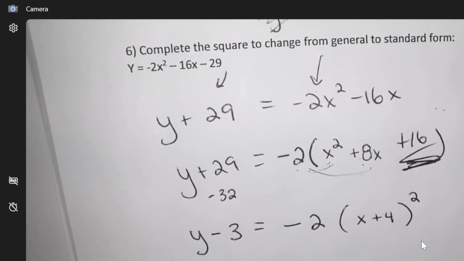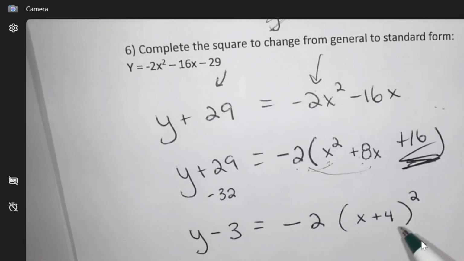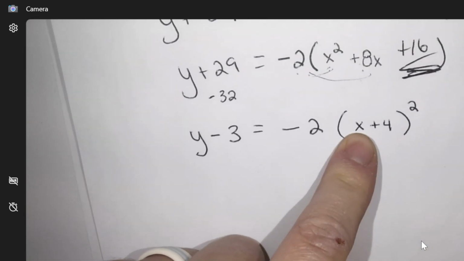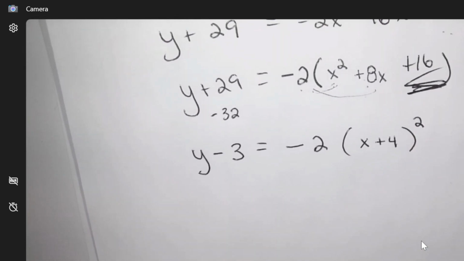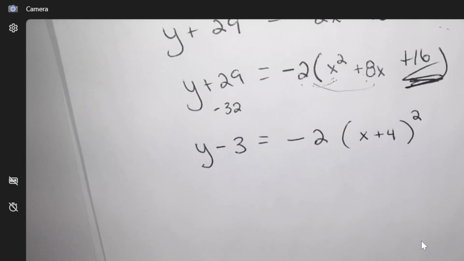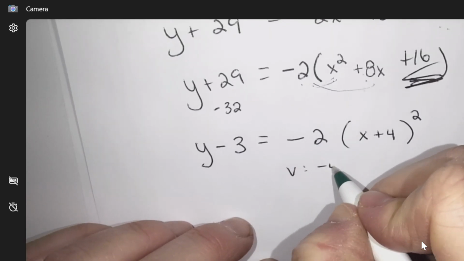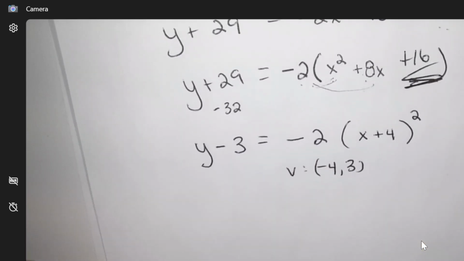I get a lot of people forgetting the squared, or putting a squared on the x here. That's not correct. Your squared has to go on the outside. And it's a little bit easier now to see your vertex, right? -4, comma, +3. Okay?